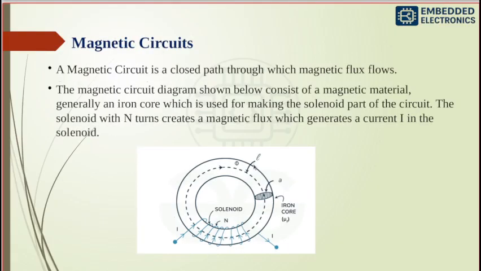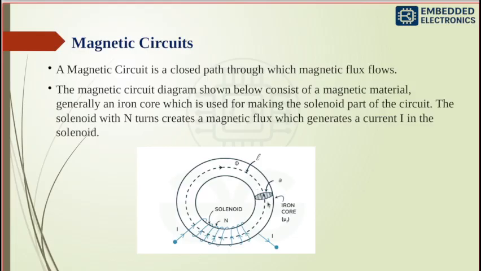So this diagram represents the magnetic circuit. A magnetic circuit is a closed path through which magnetic flux flows. Here it consists of a magnetic material, generally an iron core.